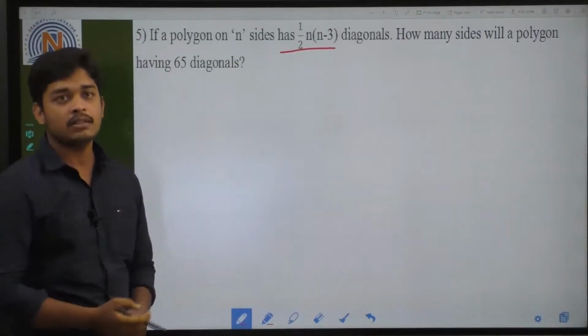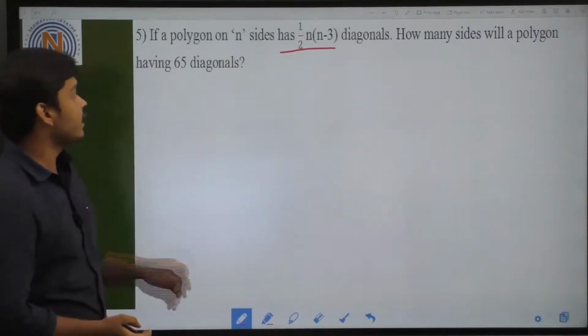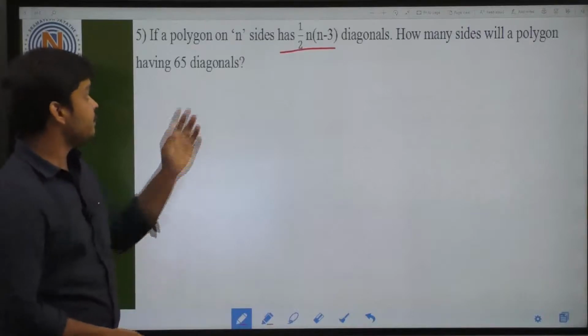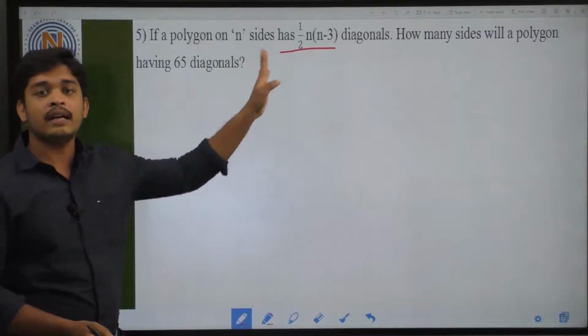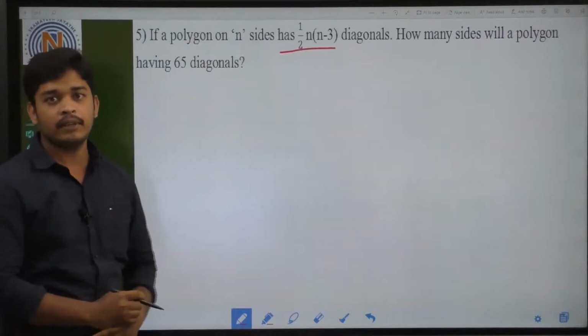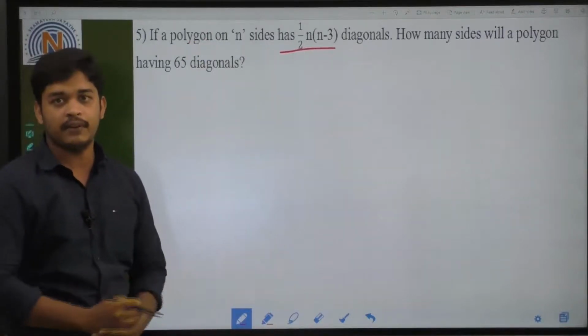So how many sides will a polygon having 65 diagonals have? If a polygon has 65 diagonals, how many sides does it have?